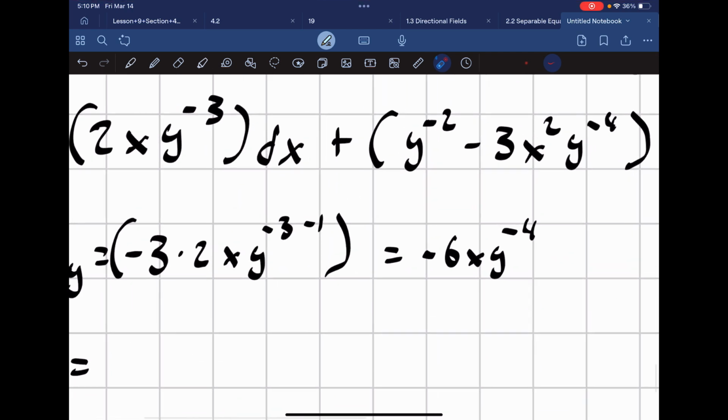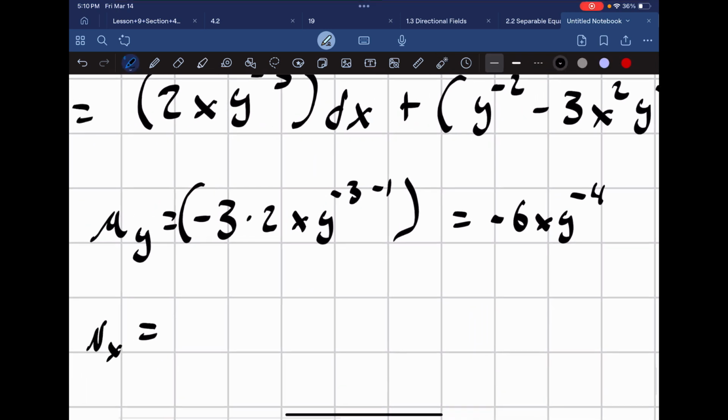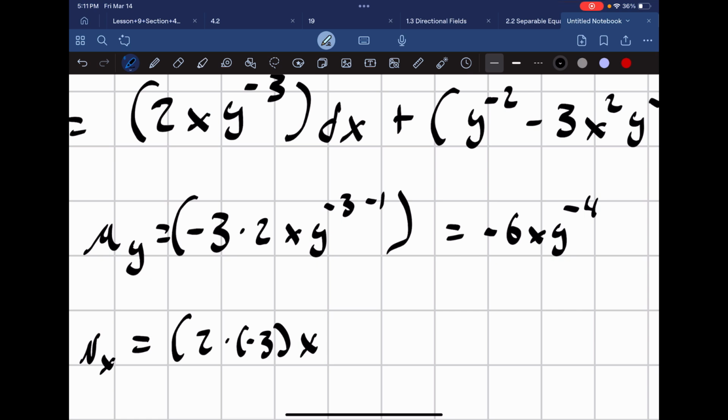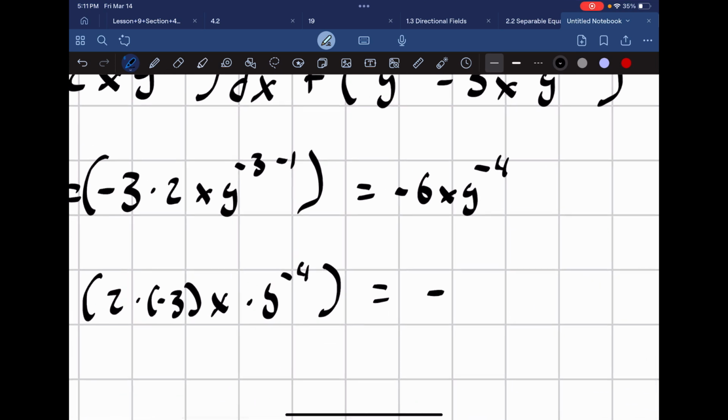We're focusing on -3x squared, so the derivative of that would just be 2 times -3x, times y to the -4th. Well, that just equals -6x y to the -4th, right?